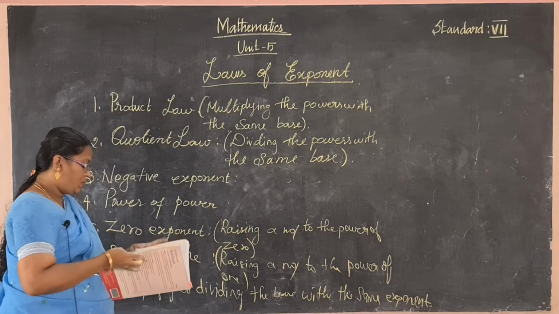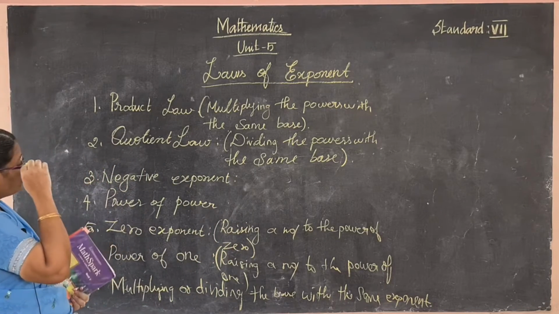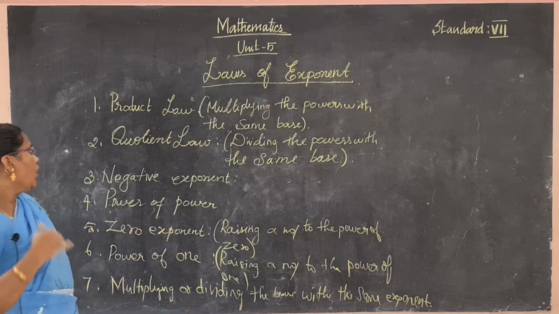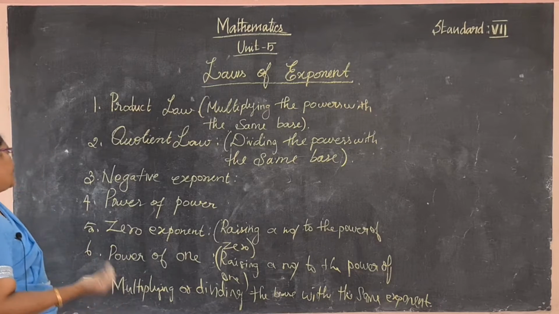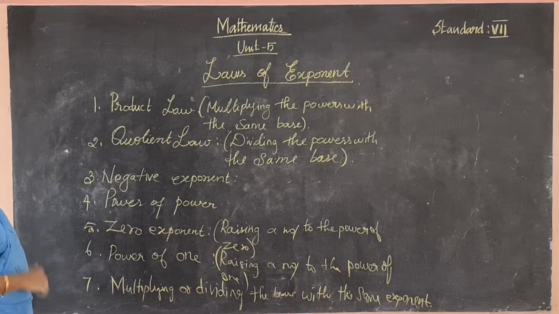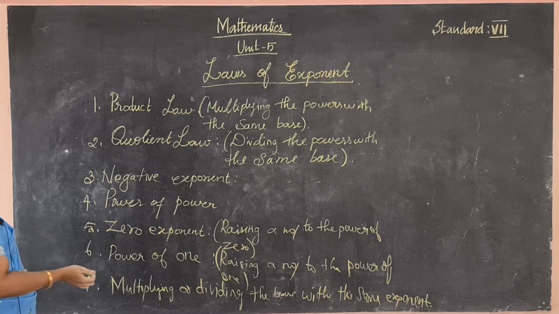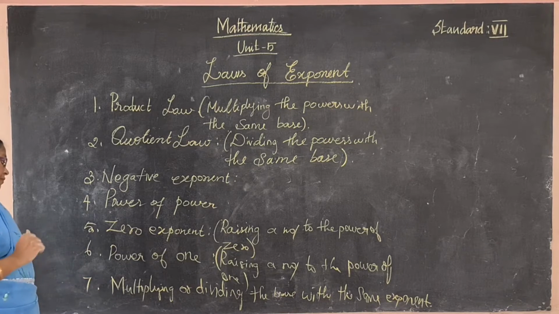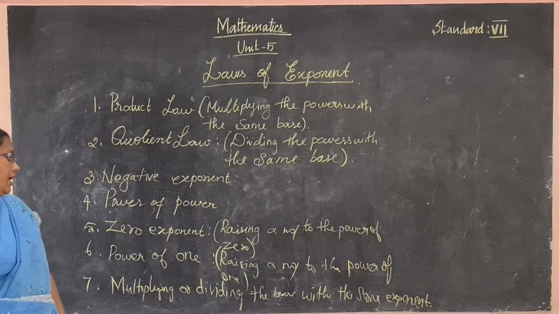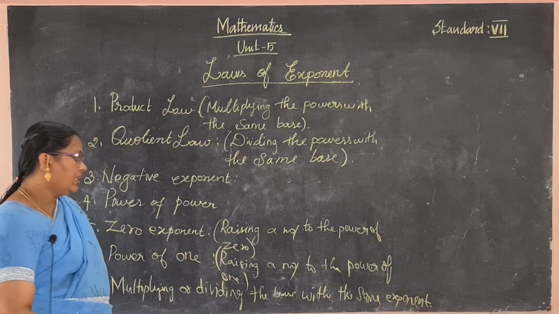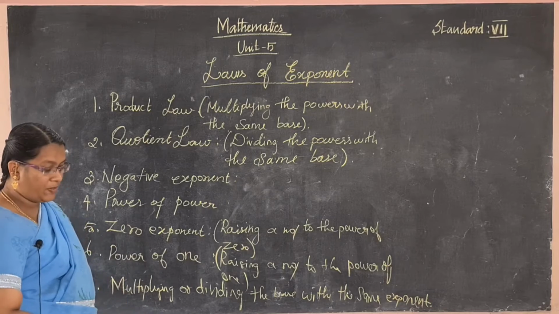So what are the laws? Product law, quotient law, negative exponent, power of power, zero exponent, power of 1. The final one is multiplying or dividing the bases with the same exponent.